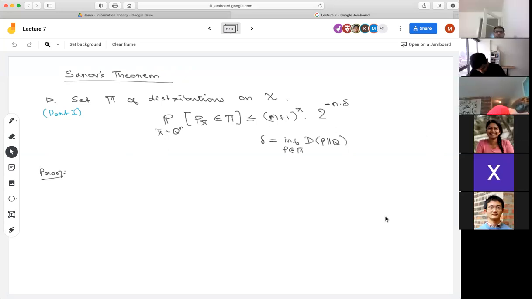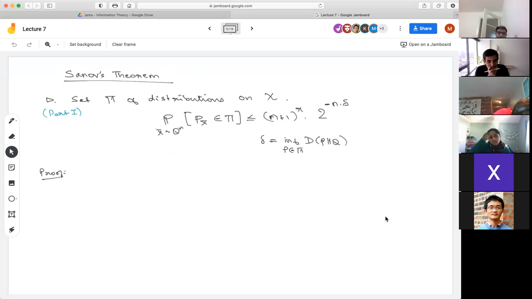Okay. So we want to prove now an upper bound. The upper bound proof is exactly the kind of union bound we just did, but let me first state the formal content of the theorem. So let's say now we are given a collection of distributions.